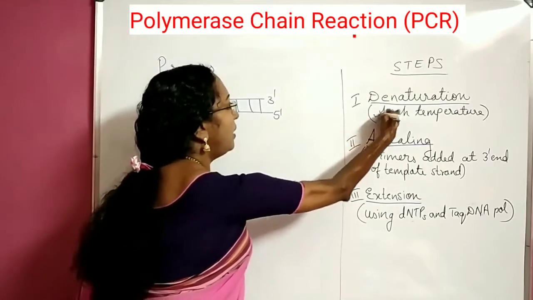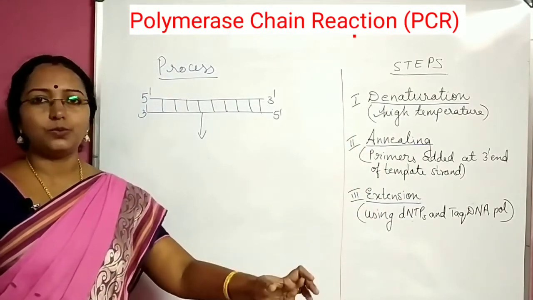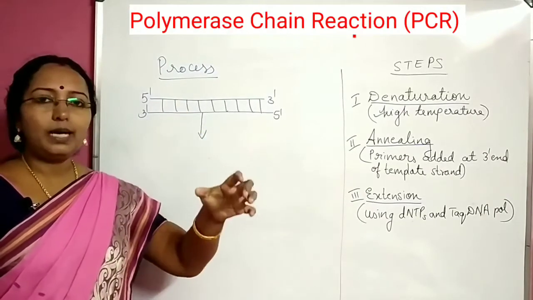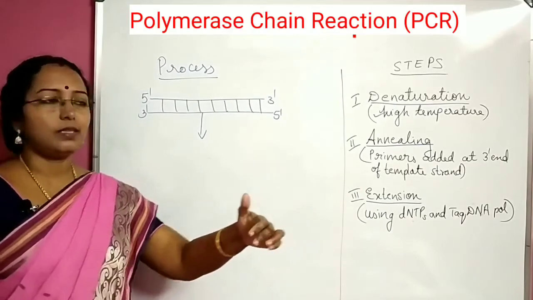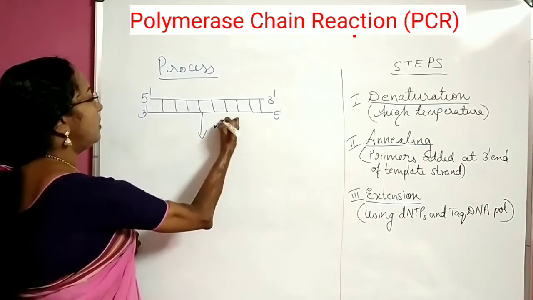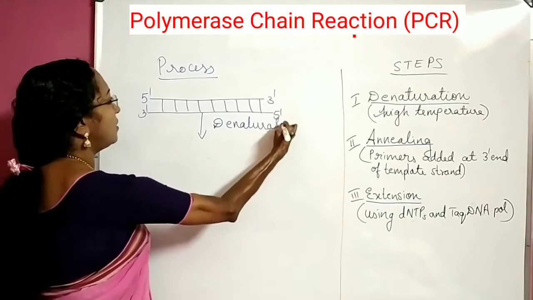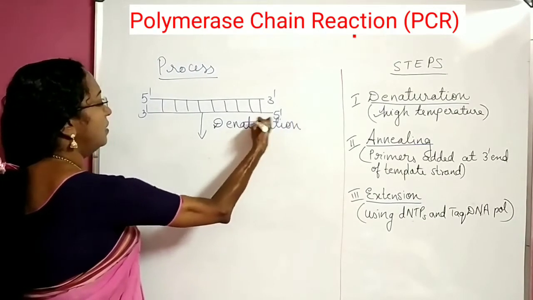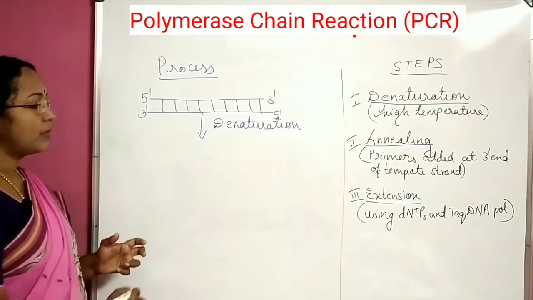When it is subjected to very high temperature, the 2 strands get separated. As a result, it undergoes denaturation. That is the first step. So denaturation is done using very high temperature.